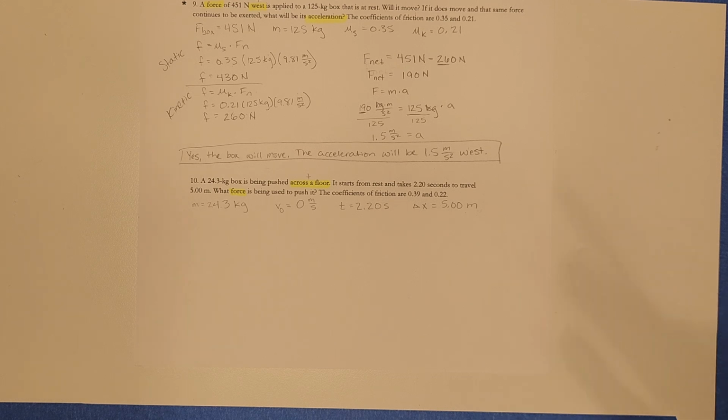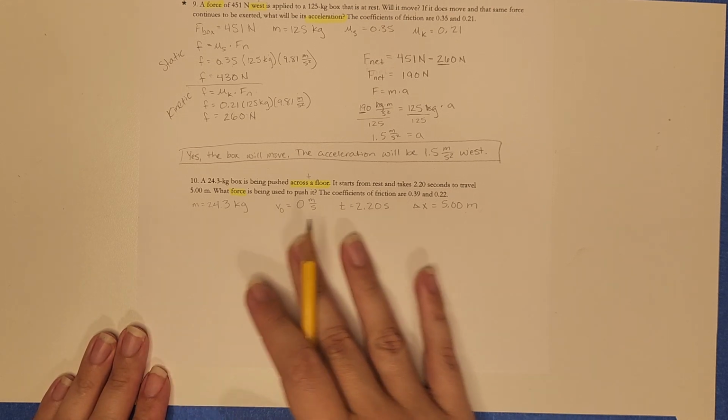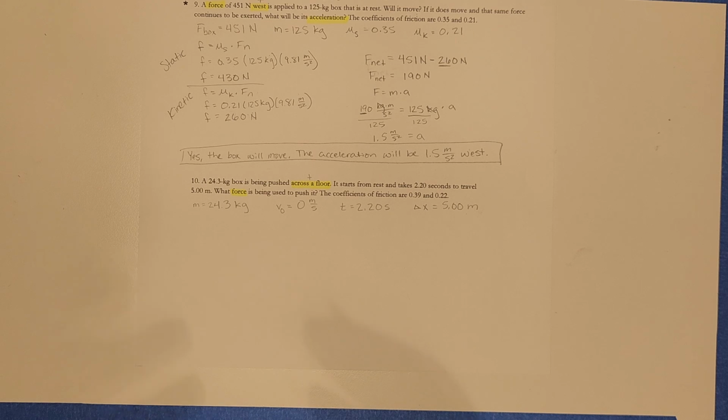In a lot of these questions, we are given two different coefficients of friction. We're not told which is which, but by this point we should know that static is going to be the bigger one and kinetic will be the smaller one. We don't necessarily need both. This question involves movement. It's not asking how much force it takes to get it going from that stop position.